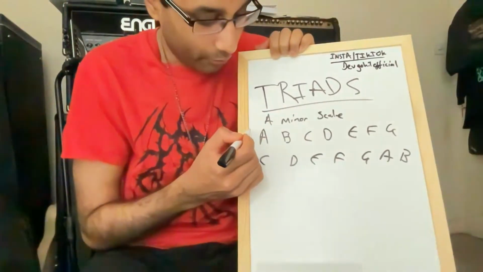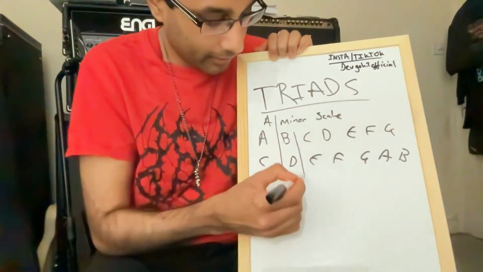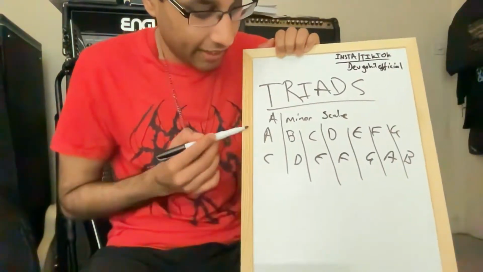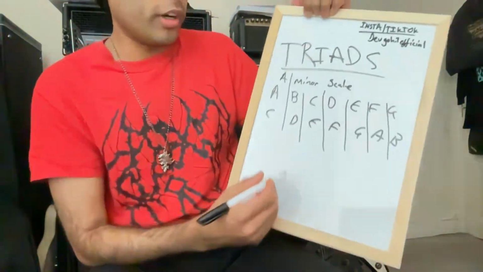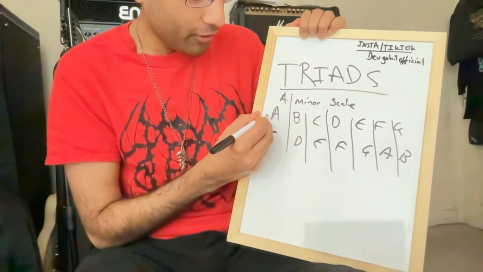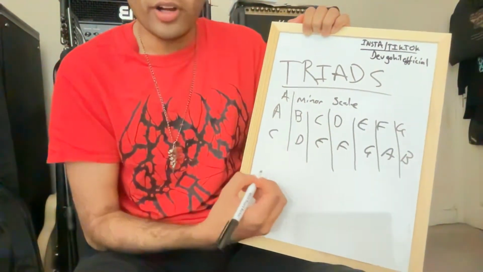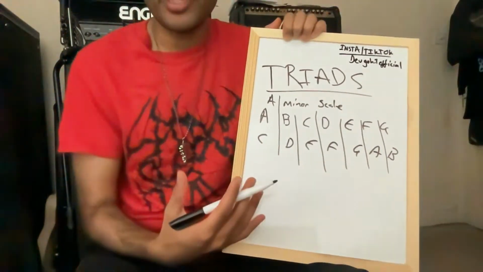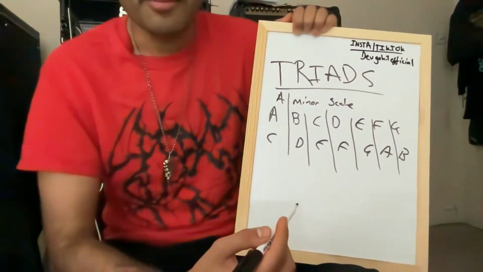Now, if we play these two notes together, what kind of chord do we get? If we have an A note and a C note, what dyad would that be? Would that be a major dyad or a minor dyad?